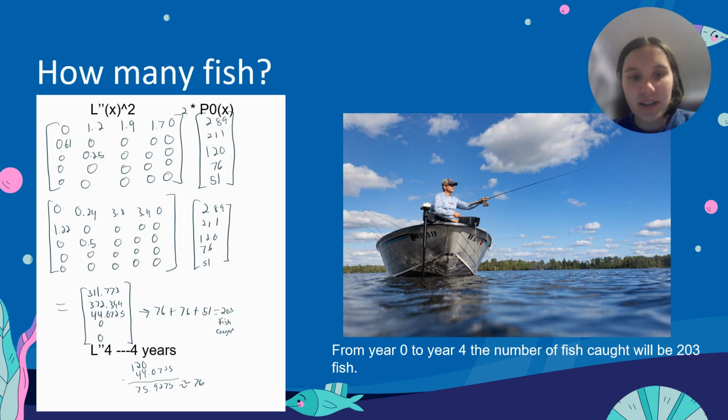And then to get the number of fish, I took the initial population vector and subtracted it from this one, and I only included the age groups of the 8 plus and the bottom 3 because those were the ones that I altered to be fished from. So that means my F prime matrix was subtracting from L in that example.